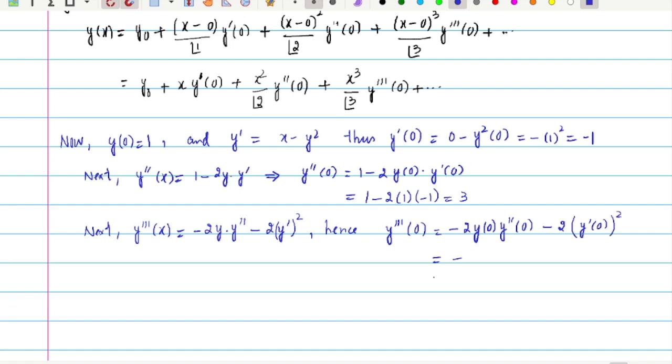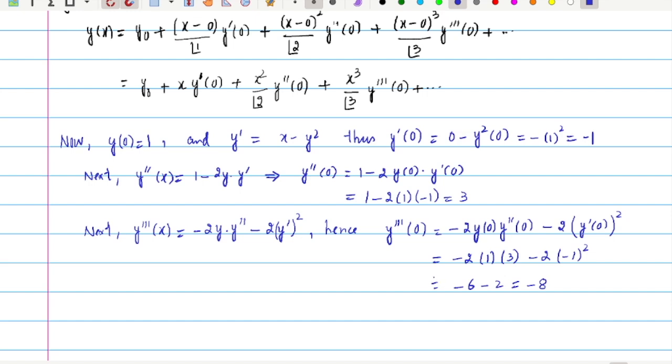So this becomes minus 2. Now y of 0 is 1. y double dash of 0 was computed in the previous step, that is equal to 3, minus 2 times y dash of 0, that is equal to minus 1 whole square. So this becomes minus 6 minus 2, which is equal to minus 8. Similarly, we can compute the fourth derivative at 0 and so on.